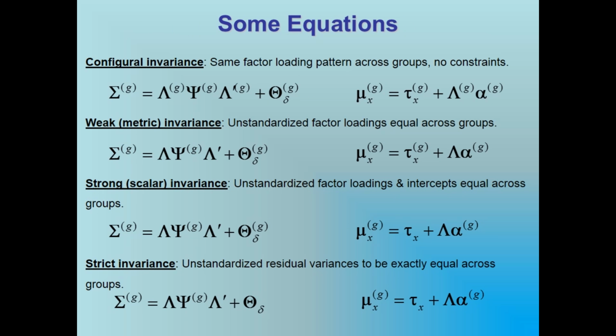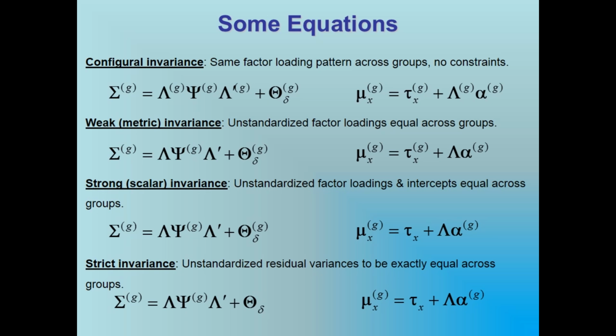Here are the actual equations we're using when testing for configural, metric, strong, and strict invariance. As you can see here, wherever a G is subscripted, it assumes that those are estimated freely across both groups. So for the configural invariance model, this is the model where you have the same factor structure across both groups, but there are no constraints. The lambda has a G next to it, which means the factor loadings are estimated across both groups, and they're not constrained to be equal.